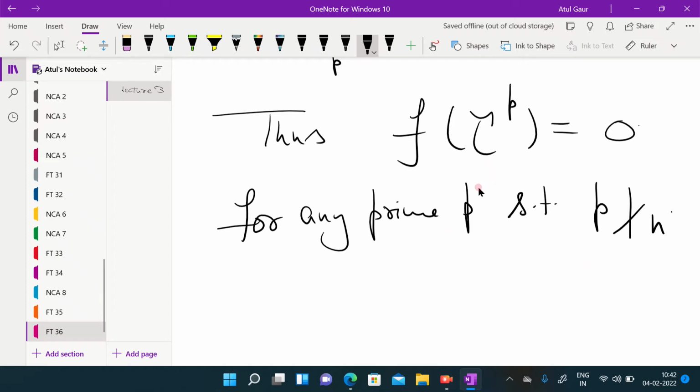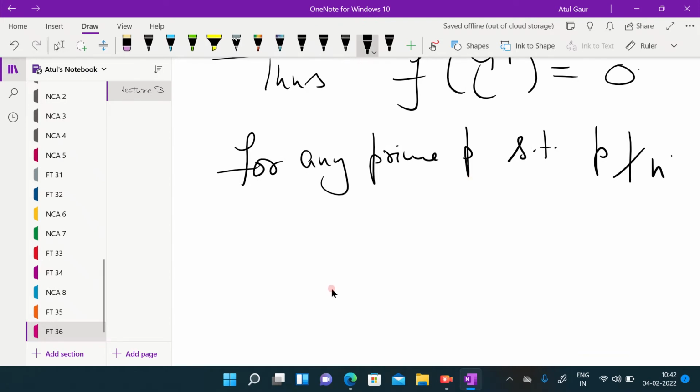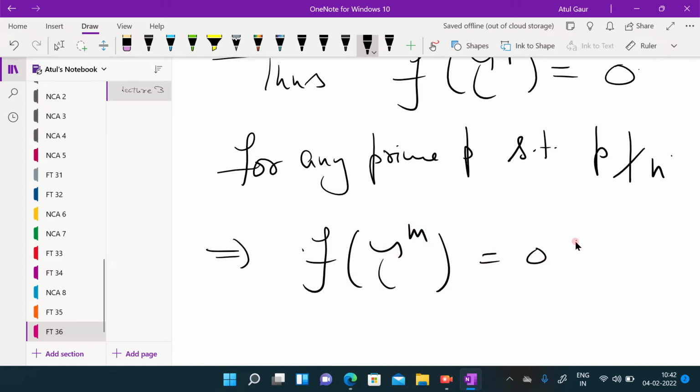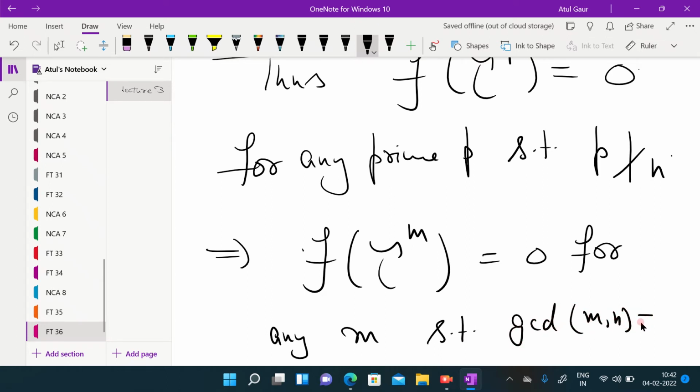Now with this information, what I want to conclude is that f tau m is 0 for any m relatively prime to n, such that GCD of m and n is 1.